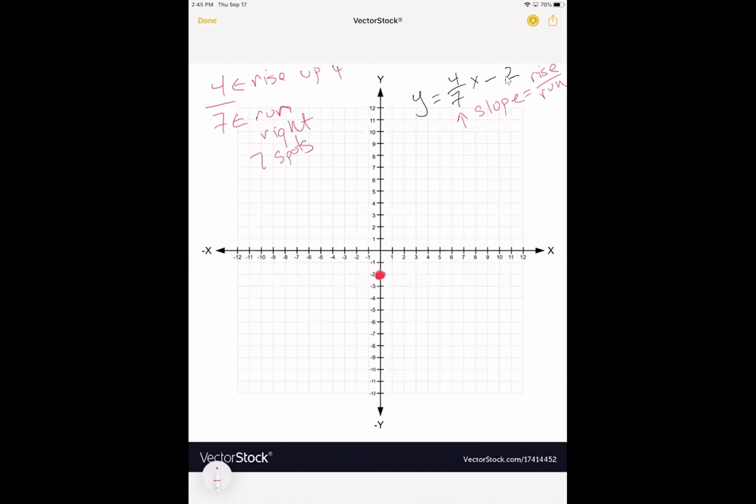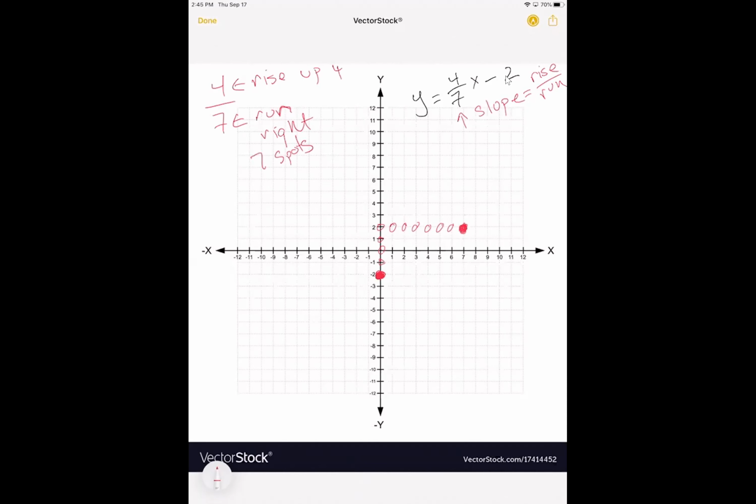So basically I start from -2, I go up 1, 2, 3, 4. I do not stop there. I have to run 1, 2, 3, 4, 5, 6, 7. So this is where my second point will be. So that is what the slope tells you to do.